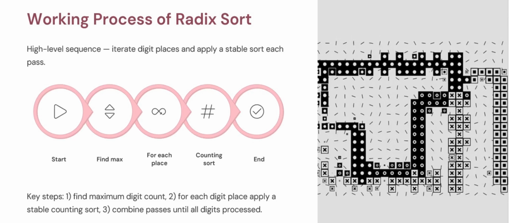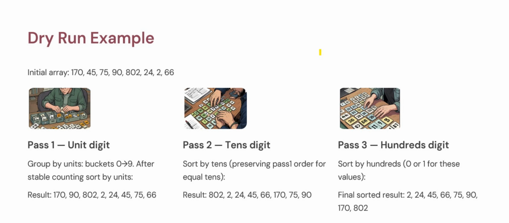Dry run example. Let me walk you through a concrete example so this becomes crystal clear. Our initial array is 170, 45, 75, 90, 802, 24, 2, 66. Pass 1, units digit.